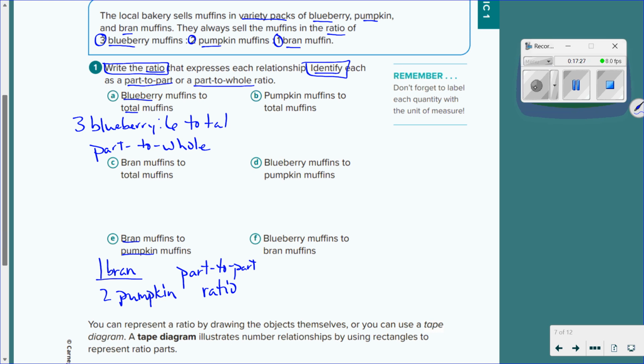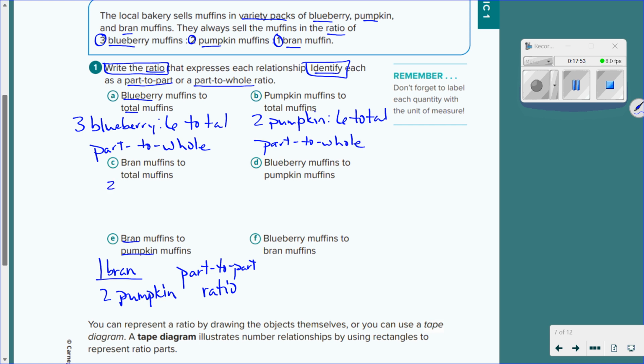Okay, now I'm just going to give the answers because there shouldn't be much difference on this other than potentially the way you wrote them. So pumpkin to total, I have 2 pumpkin. 2. 6 total. Which type of ratio is that one? Another part to whole. Bran to total.